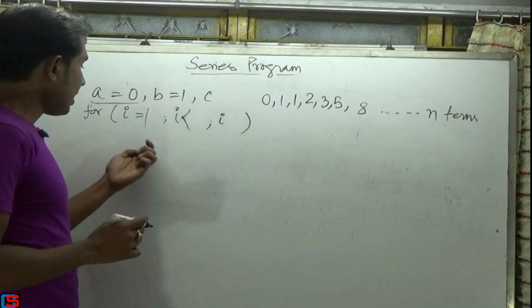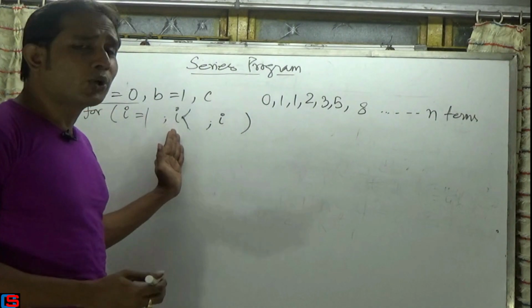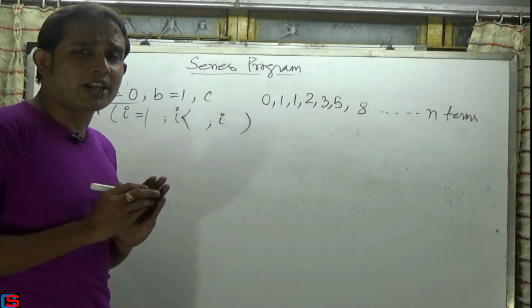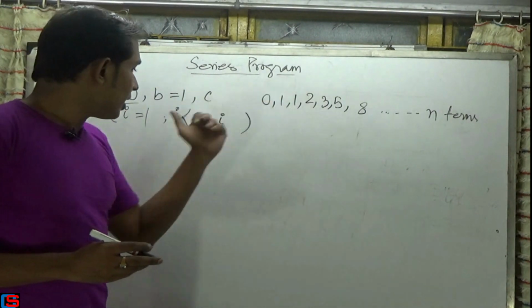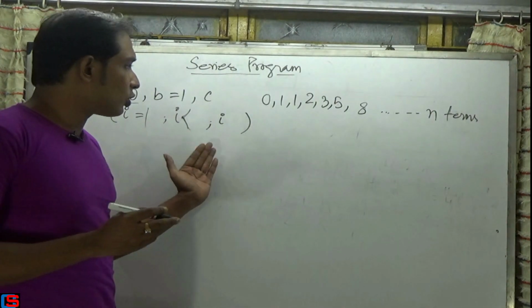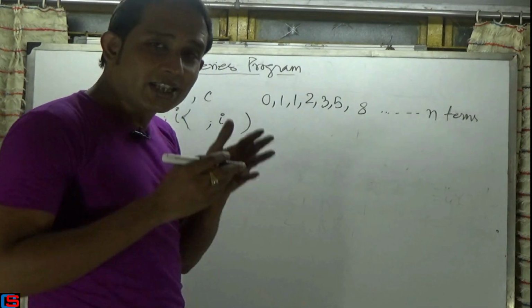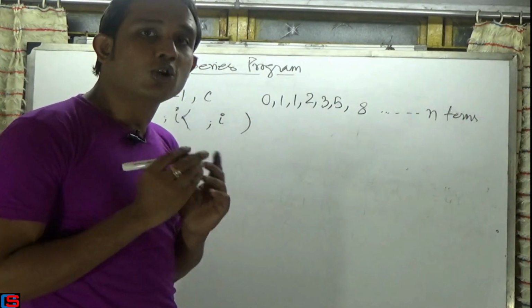Now in this program, the LCV, that means the loop control variable i, is not responsible for printing the numbers shown here. The loop is only responsible for how many times it will execute, but the values are not generated by using the loop control variable.